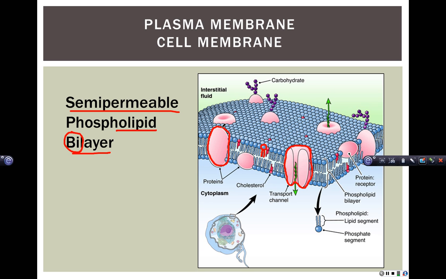So there's a bunch of proteins embedded within the lipids, and we'll take a look at what these different proteins do and how they're structured in just a minute. But let's actually talk about this in terms of the fluid mosaic model.